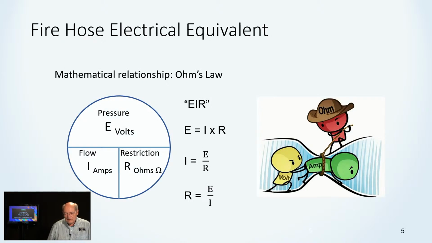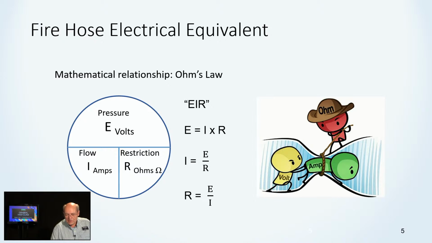Now I call these the magic circle charts that we've seen going back to the Technician class. I've expanded this a little bit, because my wife was getting confused. She said, well, I know what volts are, but why is it E and I and amps? And so I added all of those terms here on the chart.